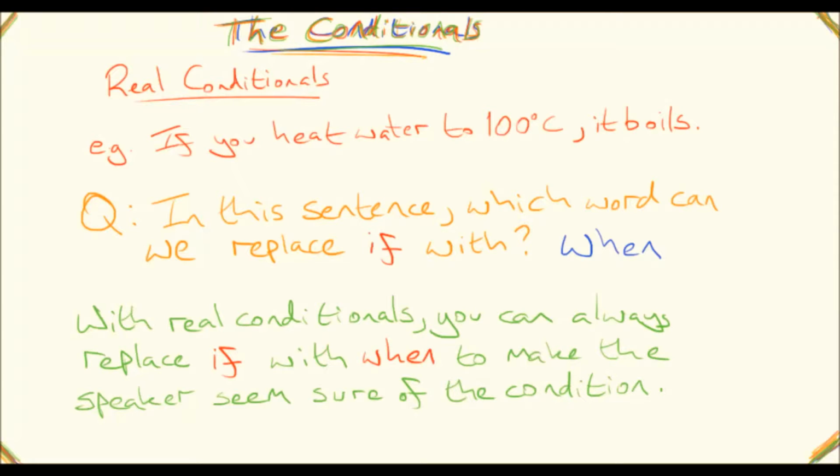If we take the sentence, if it rains, I will buy an umbrella. Well, if we change if to when it rains, I will buy an umbrella, suddenly the speaker thinks that it's definitely going to rain. Just like in this sentence, when you heat water to 100 degrees C, it boils. It's definitely going to happen. So we can replace if with when to make the speaker seem more sure of the condition.